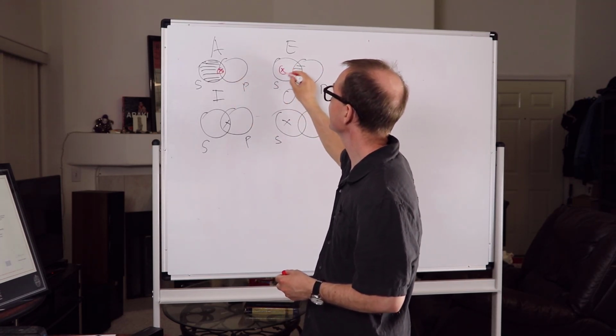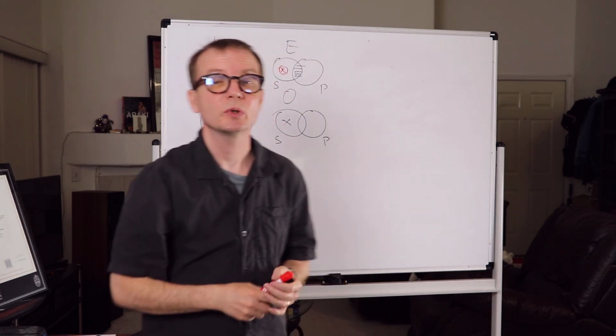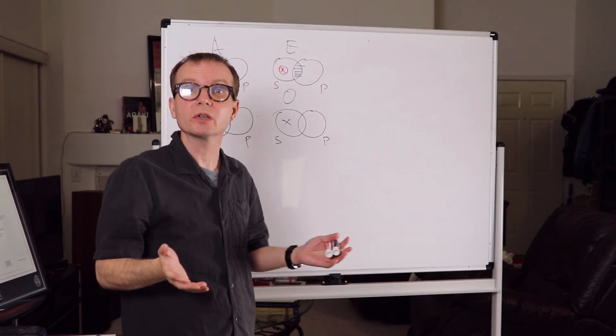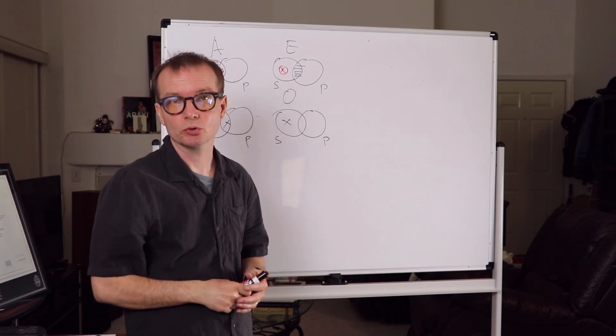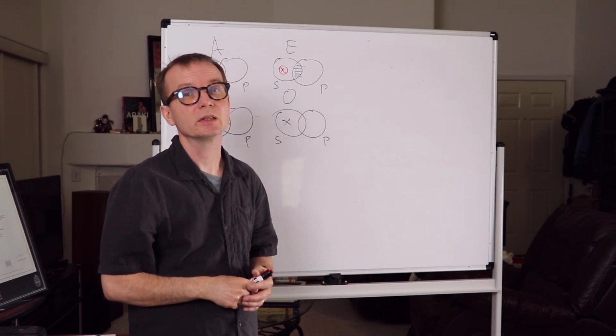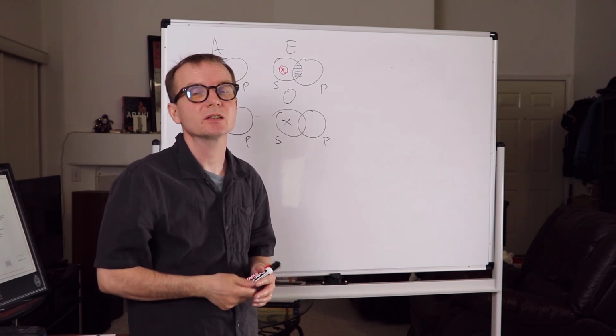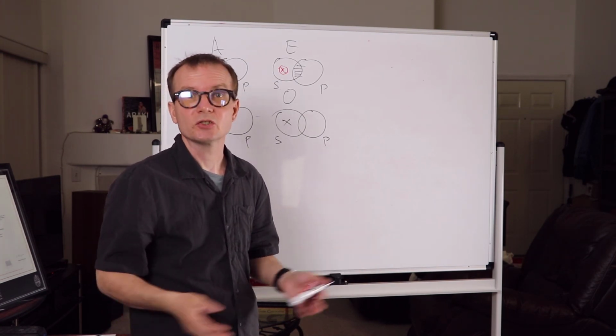That means we are assuming the existence. Whether this thing actually does exist depends on what you're talking about. If you're talking about Tom Cruise's movies, yes, they do exist. If you're talking about unicorns, no, they don't exist, and you cannot assume their existence either, because they don't exist. So that's just not going to work.